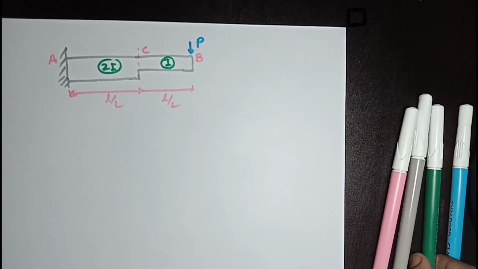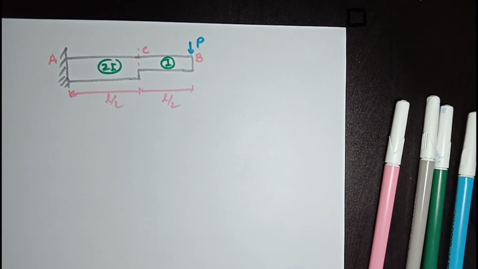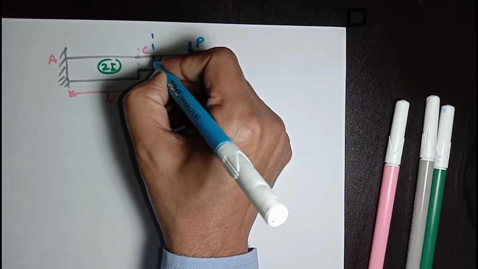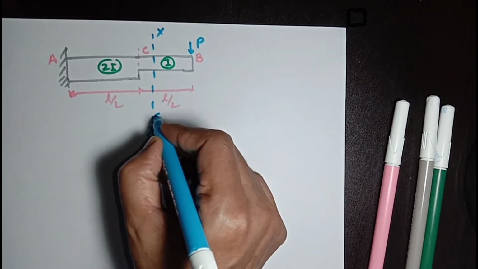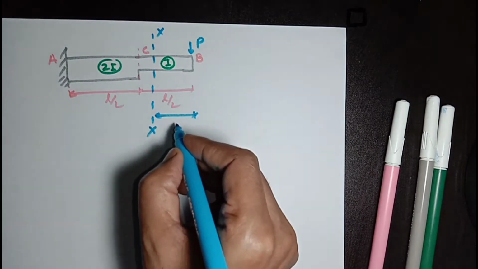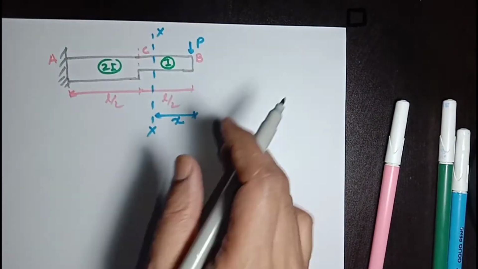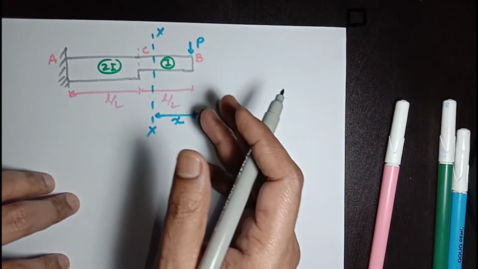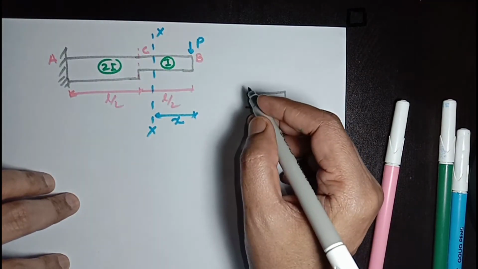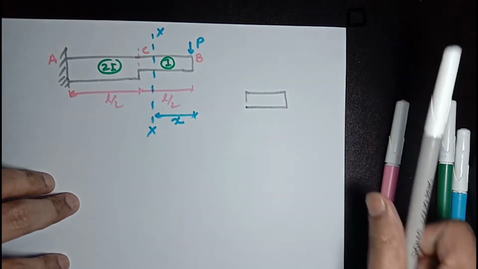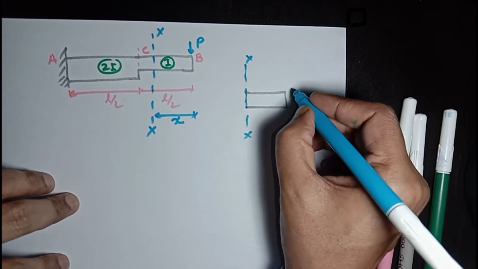So let's take a section XX, at a distance of x from point B. Now we are separating out the right of this section XX as a free body diagram. This is the section XX here, and this point is B.